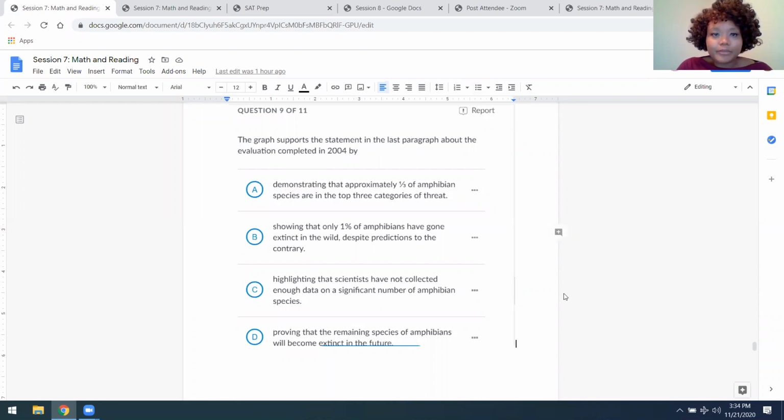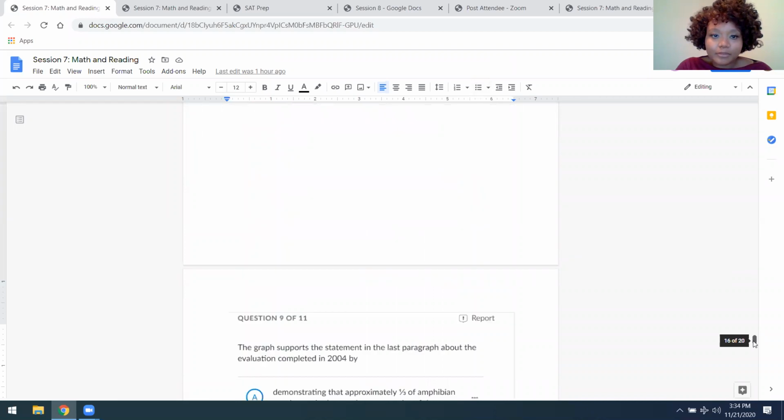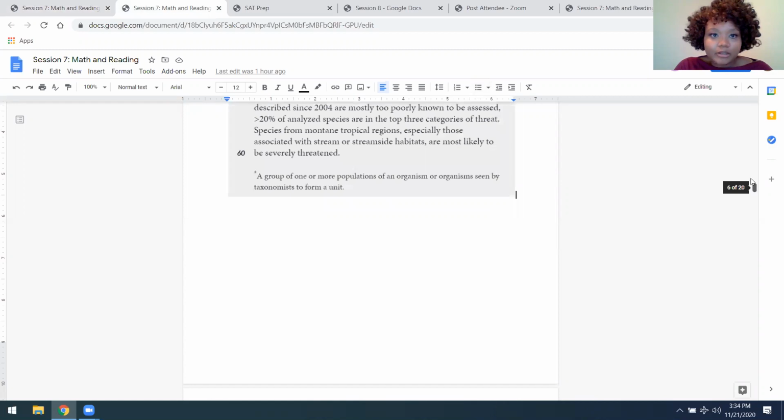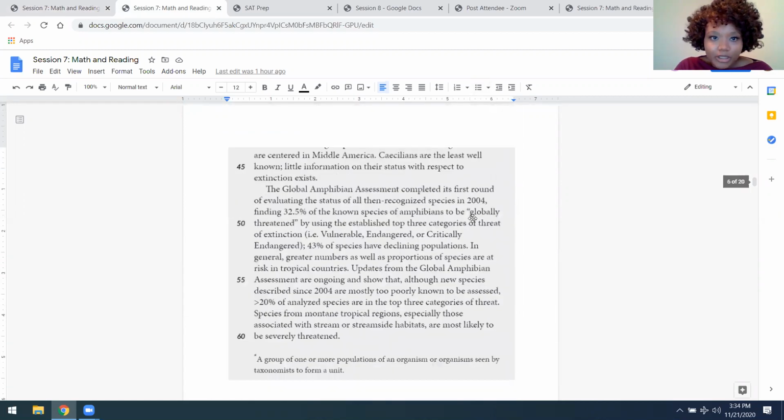So the question again is, the graph supports the statement in the last paragraph about the evaluation completed in 2004. The last paragraph is talking about how they evaluated the then recognized species in 2004 and found that amphibians were globally threatened.